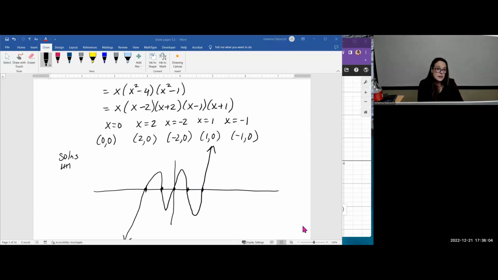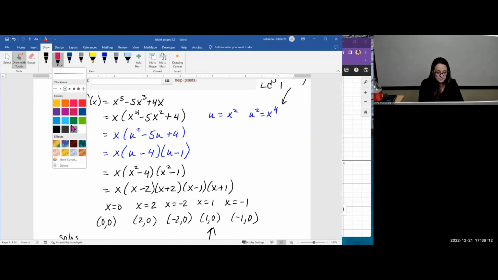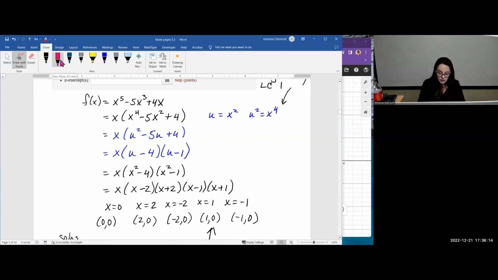Now, I said there was another way to do this. So let me go up here and I'll go ahead and write down a second way of doing these. So when you get to this step right here, another way of doing it is just to simply avoid the u substitution, but instead to recognize that x to the fourth is x squared squared.